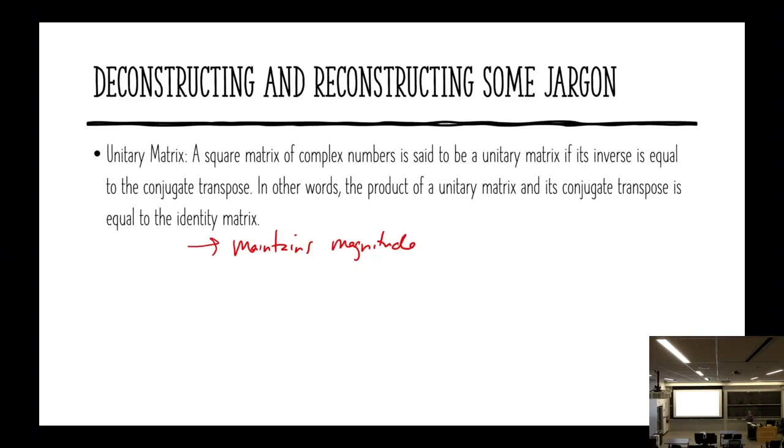They're square. They're non-singular, meaning their determinant is not equal to 0. They're invertible. They're diagonalizable. Lots of good things. Similar to Hermitian matrices, when I add, subtract, or multiply unitary matrices, I get another unitary matrix.